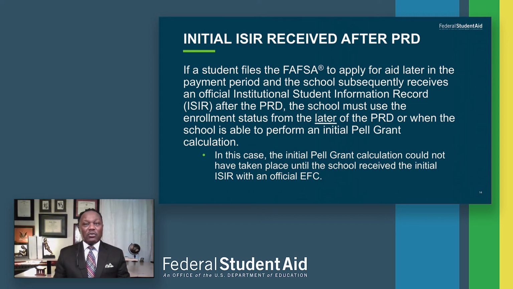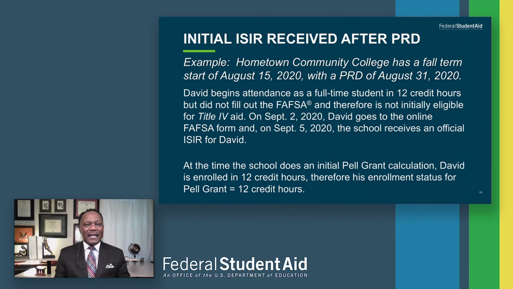This means the initial Pell calculation cannot occur until after the PRD. So just like our previous scenarios, we must use the enrollment status from the later of the PRD and the initial Pell calculation. Again, let's look at some scenarios to help us understand this concept more.